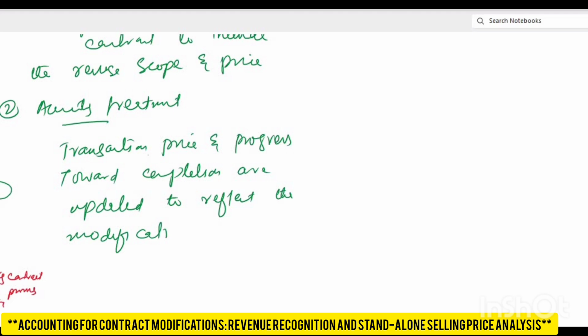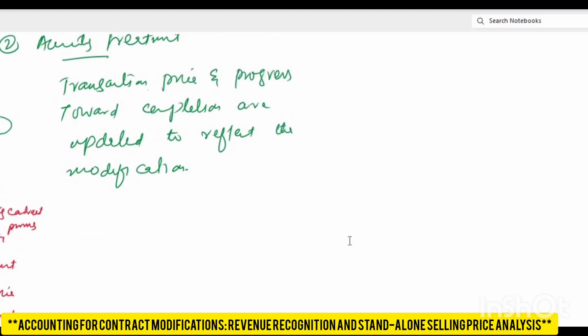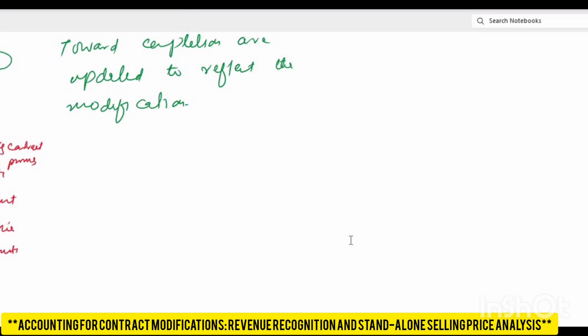Okay, so the transaction price and the progress toward completion will be updated. And why are we updating? Because to reflect the modification.